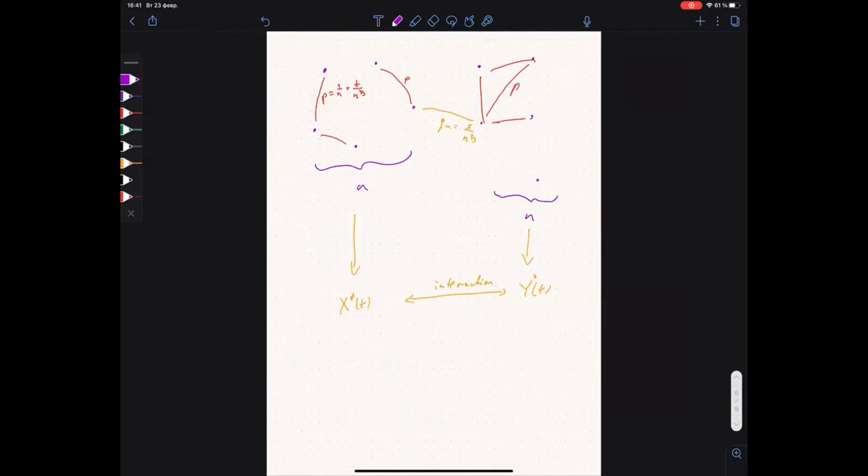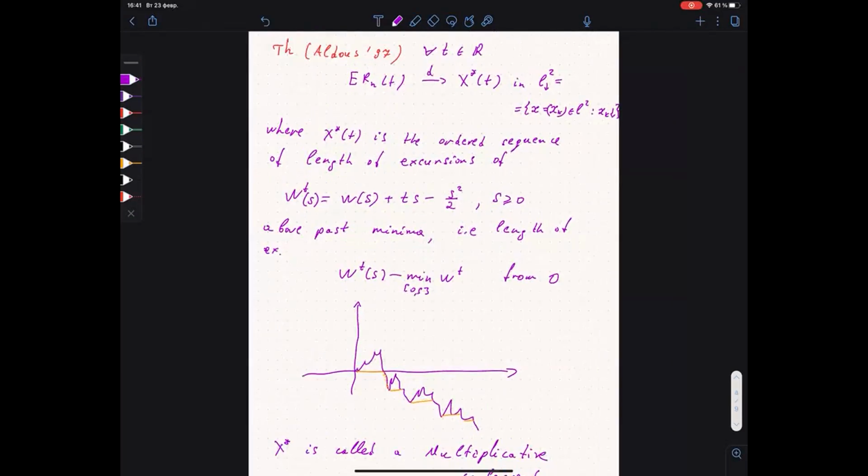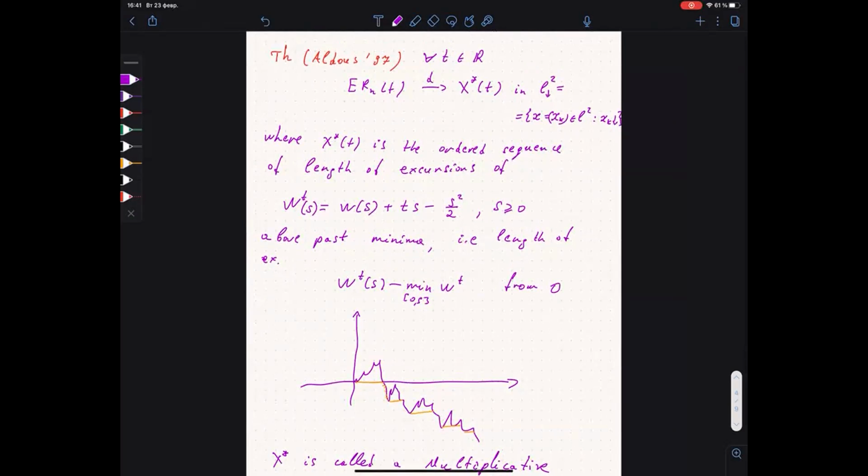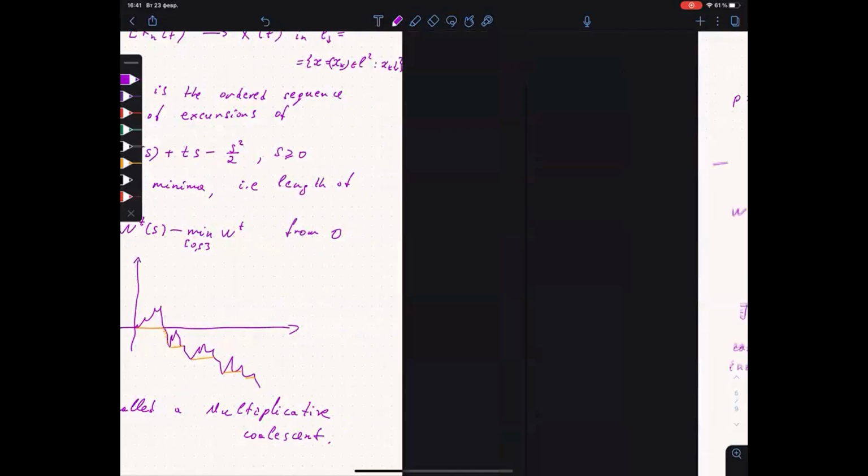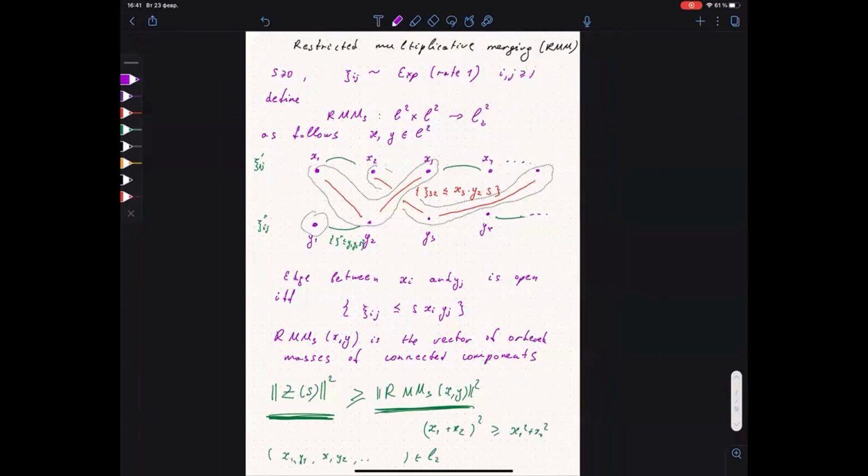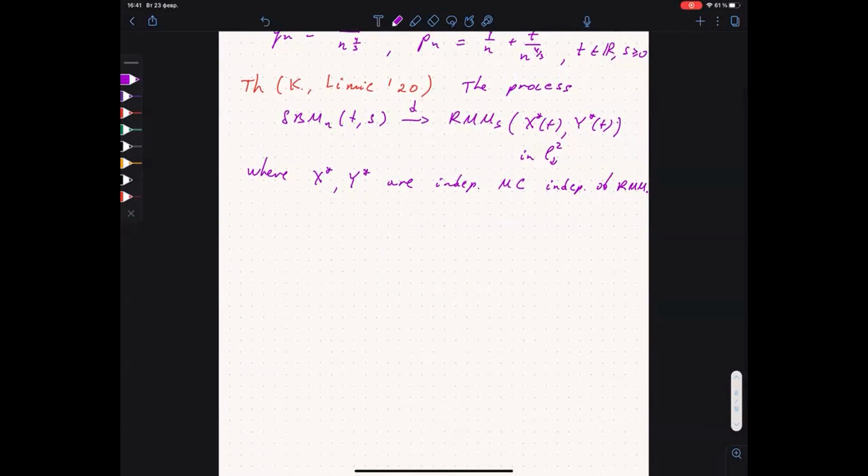If we come back to the result devoted to the Erdős–Rényi graph, that result can be improved, and one can show that we can build the coupling of stochastic graphs such that you will have the convergence, say, in the Skorokhod space for all t simultaneously. But at the moment, in our case, we can prove it only for fixed t and s, and later probably you will see the reason.